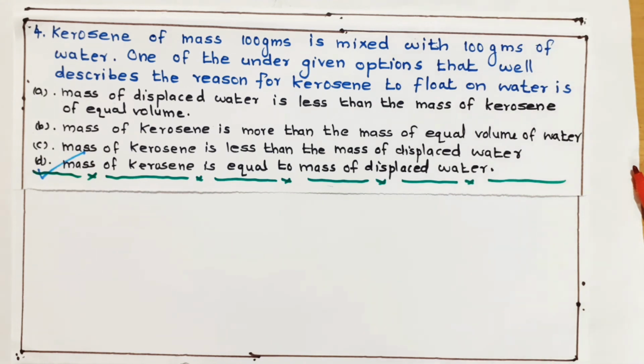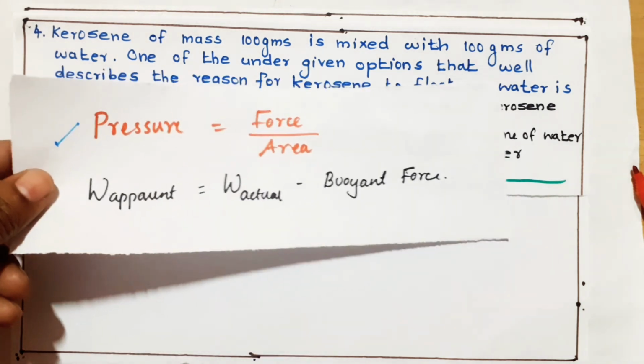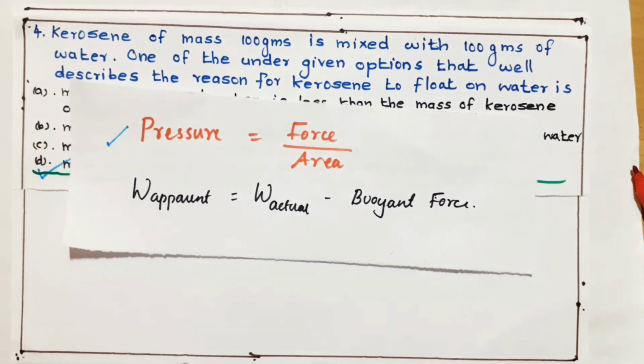Clear? So what questions did we do? We did questions from Archimedes principle, and the main thing is questions related to force and pressure. Force is nothing but mg. Pressure is nothing but force by area. Apparent weight is actual weight minus buoyant force.